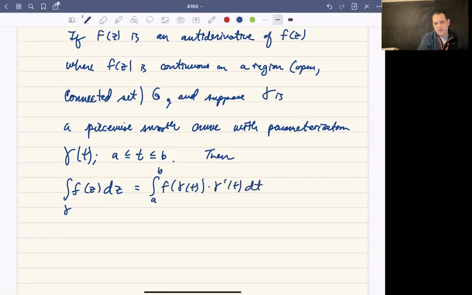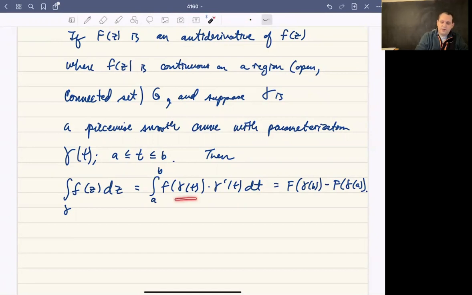And then if you think about the Calc 1 fundamental theorem of calculus, this is just capital F of gamma of b minus capital F of gamma of a, right? And so the proof, I'm not really even going to say anything because you've already seen the proof in a Calc 1 course, right? If you are willing to accept how substitution works, this is basically just substitution plus the definition of an antiderivative, right?